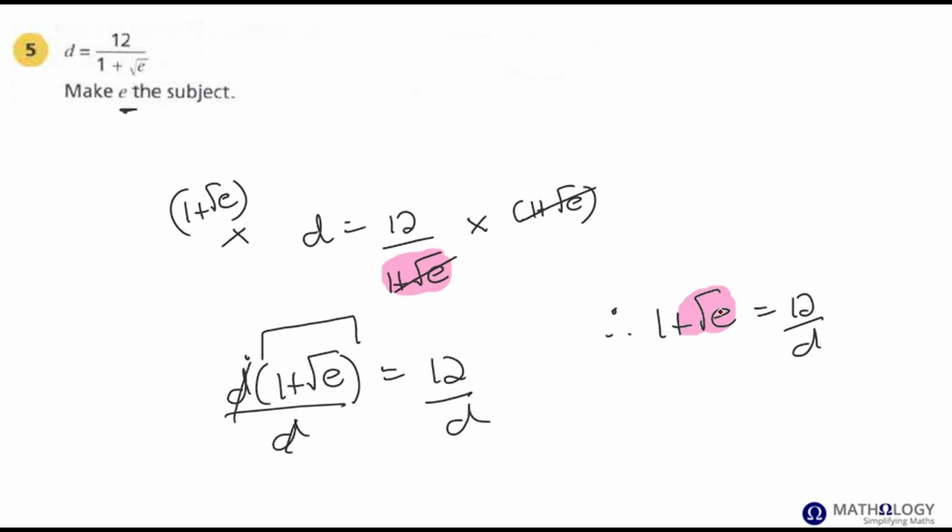They are not bound to each other, so we can simply move the 1 over to the right hand side. So the square root of E equals 12 over D minus 1.